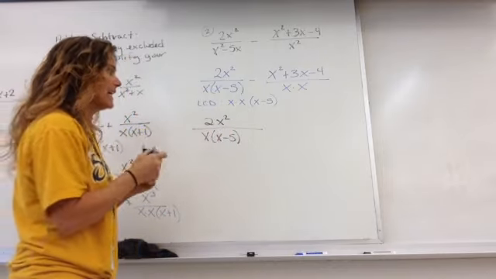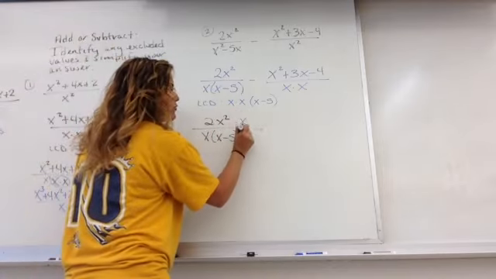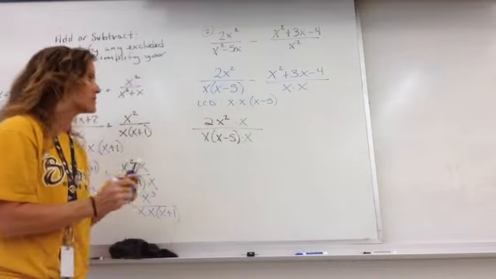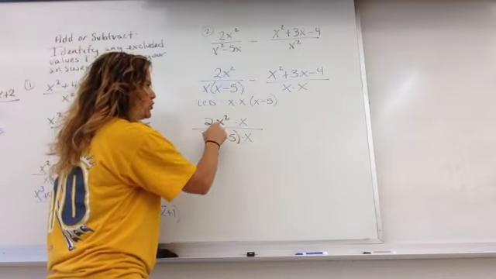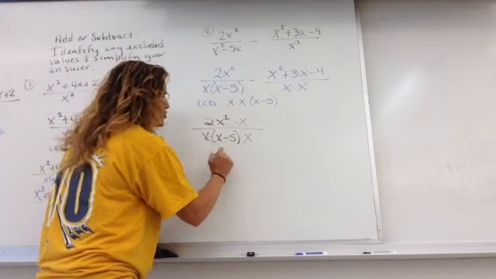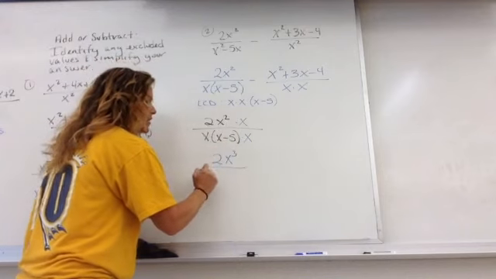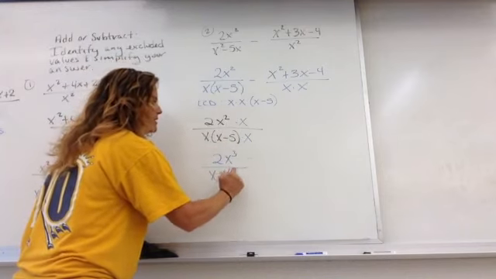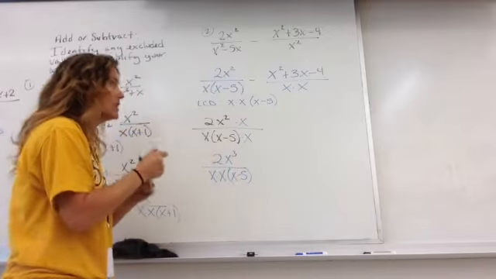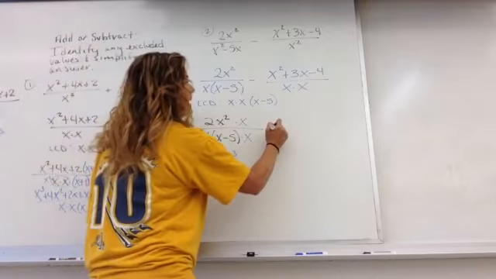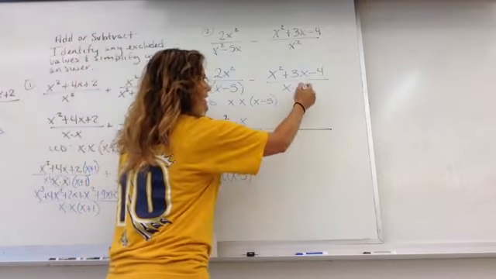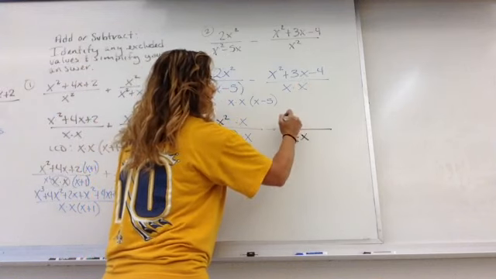So it's missing an x. So I need to multiply the numerator and the denominator by that x. Simplify it. 2x squared times x, that's 2x cubed. On the bottom, I have an x times x minus 5. Likewise, this is a minus. Here, I need x times x.